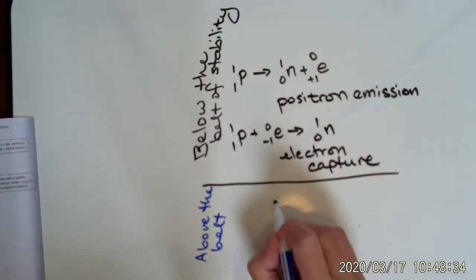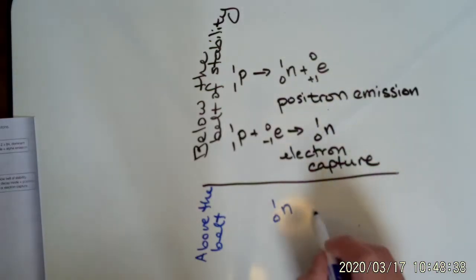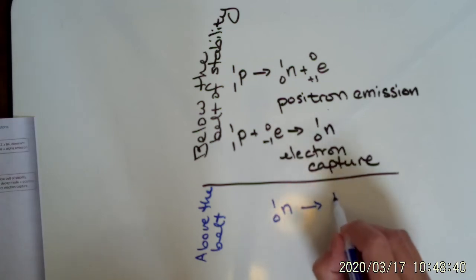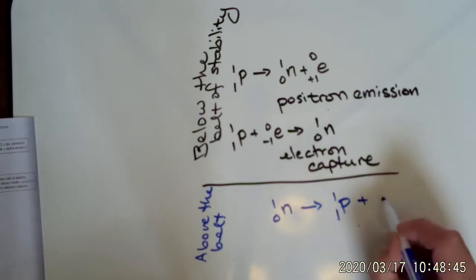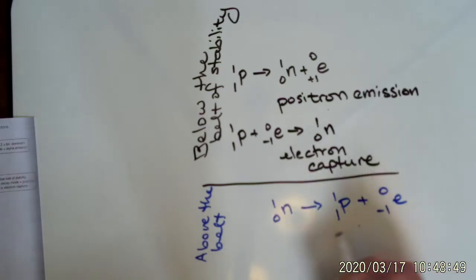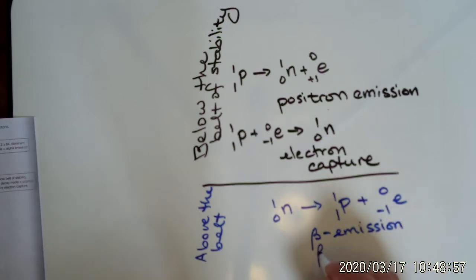So when you're above the belt, you have too many neutrons and too few protons. So what you want to do is convert your neutron to a proton. And to do this, you need a beta emission. So you're emitting a beta particle.